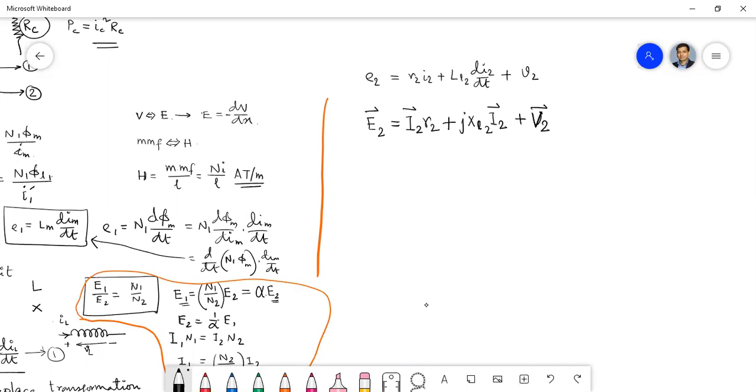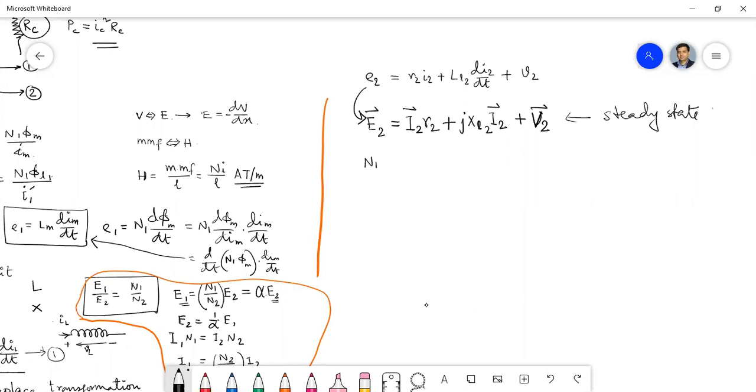The instantaneous value equation you have understood. From that, how are we getting this one? Anyway, this is the equation at steady state. This equation you can modify in this way.